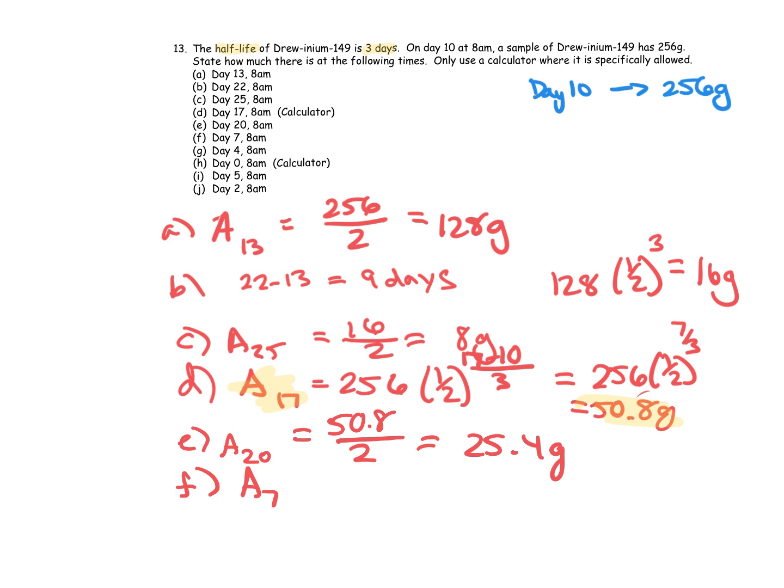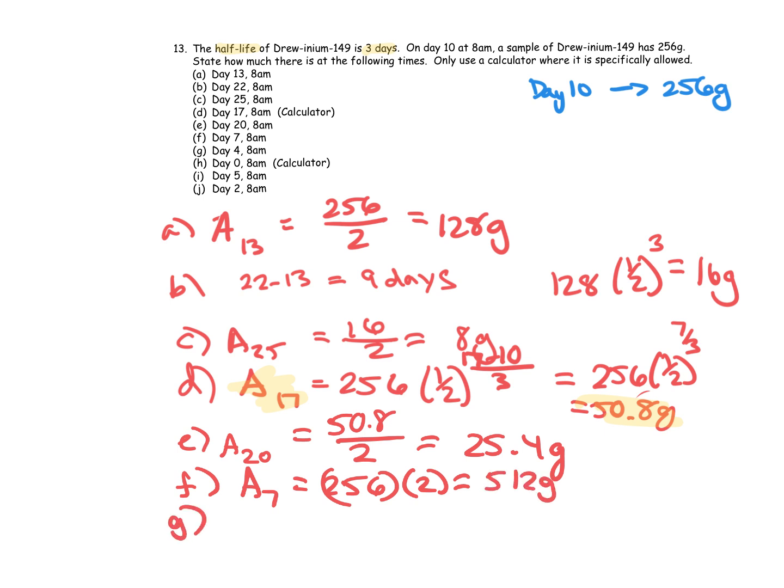So going from day 7 to day 10 would have been half of what it was, because that is the half-life. But if I'm going backwards, I'm actually going to be multiplying by 2. So A7 is going to be 256, what it was at day 10, times 2. Remember, earlier in time we're bigger, because over time we're getting smaller. So this would be 512 grams.